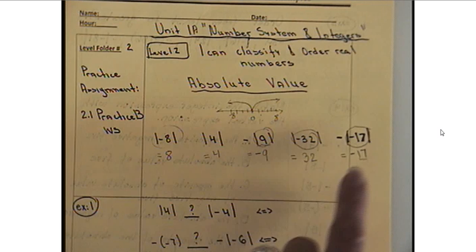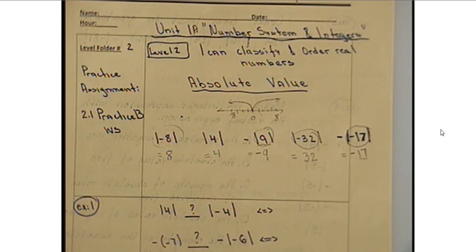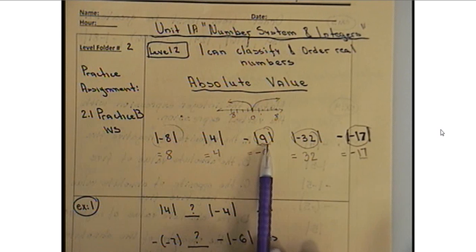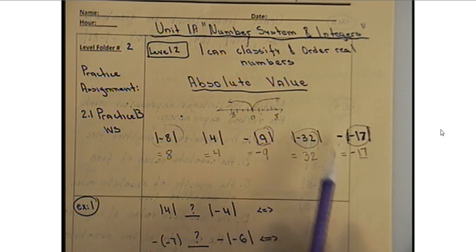So the answer here will be -17. Those are pretty much all the cases that you may see with positive or negative numbers. So keep in mind, if you have a negative sign outside of the absolute value symbols, you have to keep that negative sign. Inside the absolute value, no matter what the number is, you always write down the positive value of that number.